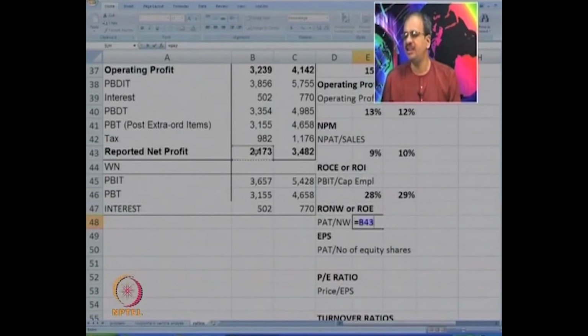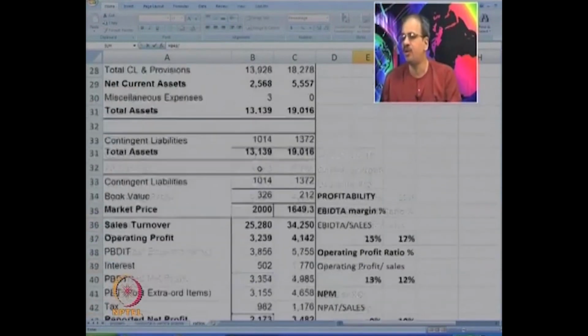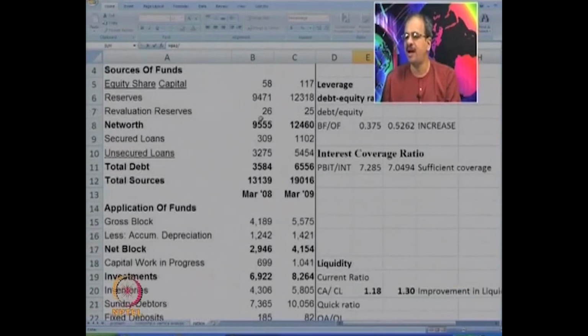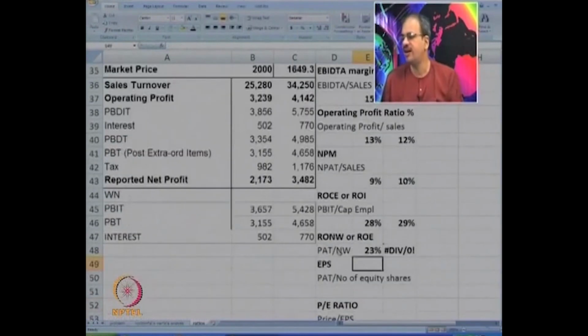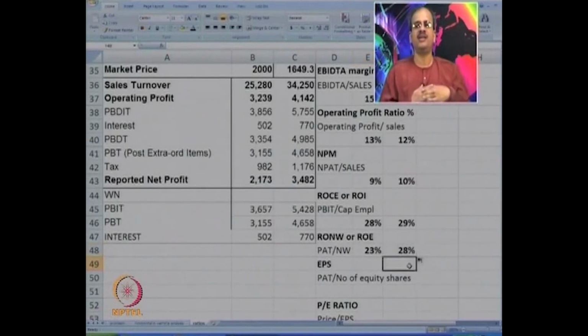PAT, you have this reported net profit divided by net worth or the owner's fund. So, 23%, and in the current year there is a significant increase, it has become 28%. You can see that though the profit at ROCE level is more or less constant, the reported net profit or the profit after tax has increased substantially. So, there is an increase in ROE.